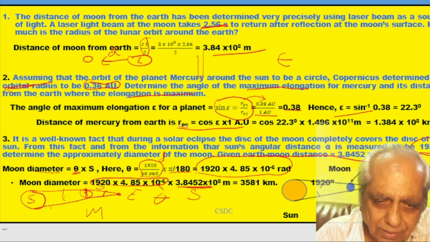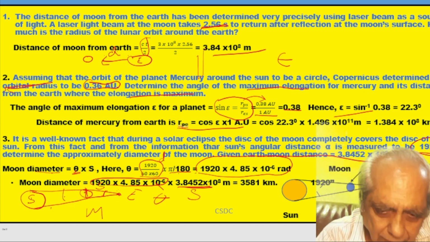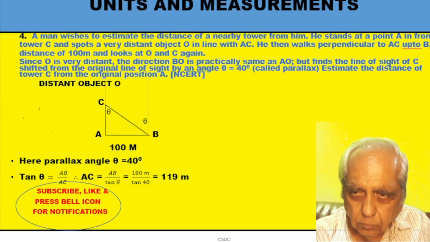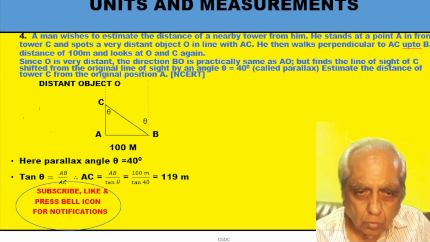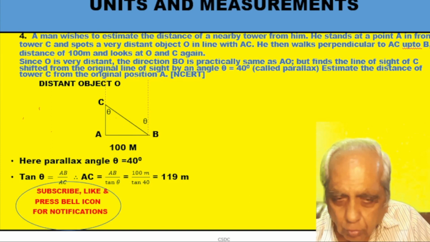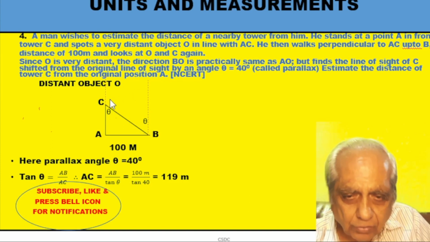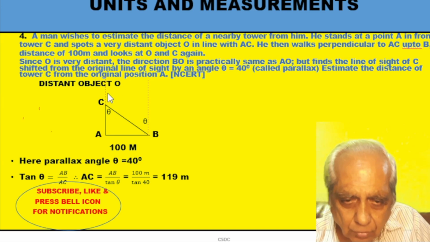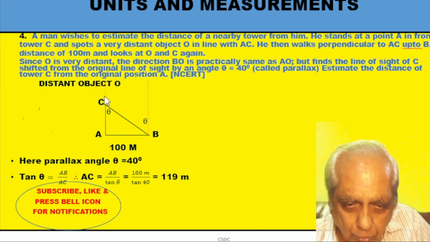Okay. So we will go to the next one. So let us do the next numerical. The numerical reads, a man wishes to estimate the distance of a nearby tower from him. So C is the nearby tower.